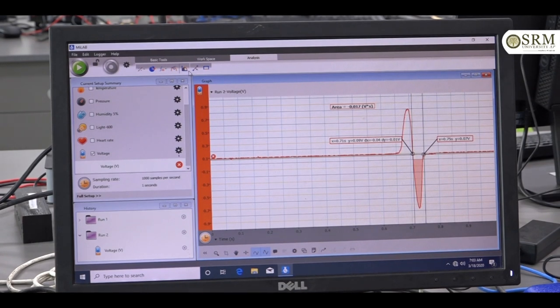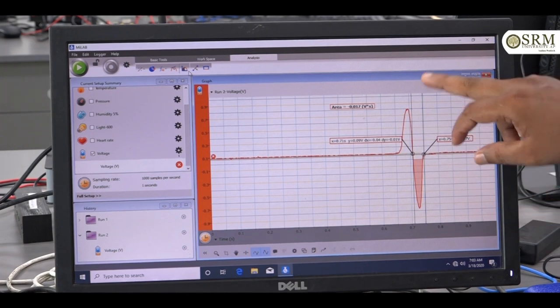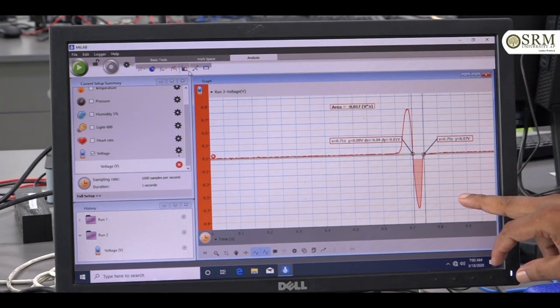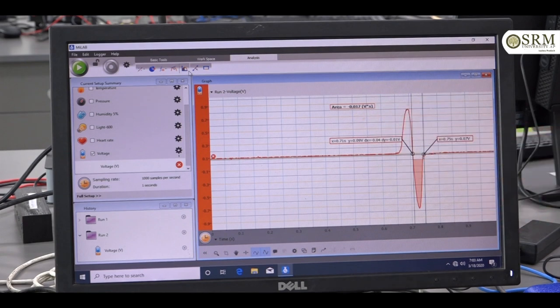I have discussed that magnetic flux phi is equal to modulus of minus 1 by capital N into area. I already told you at the time of demonstrating the formula that area is equal to F1 plus F2. F1 means positive peak area, F2 means negative peak area. We will add those two, and we will write area is equal to F1 plus F2.